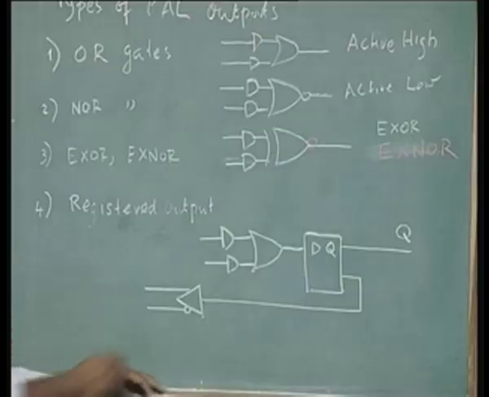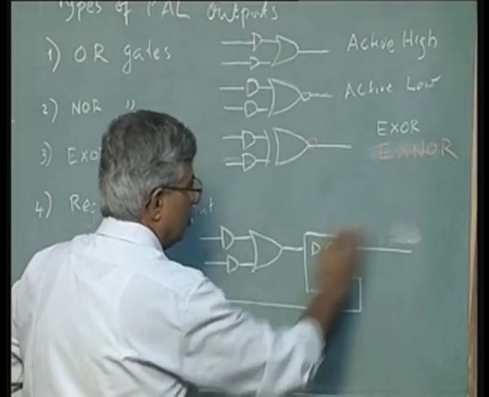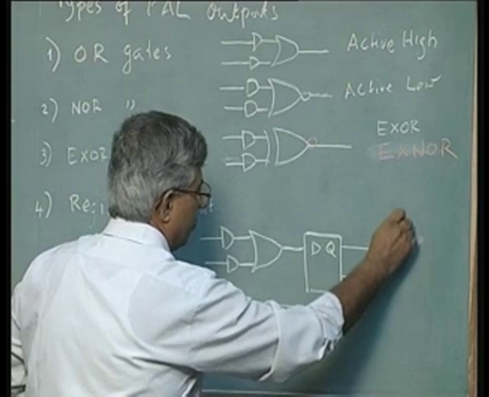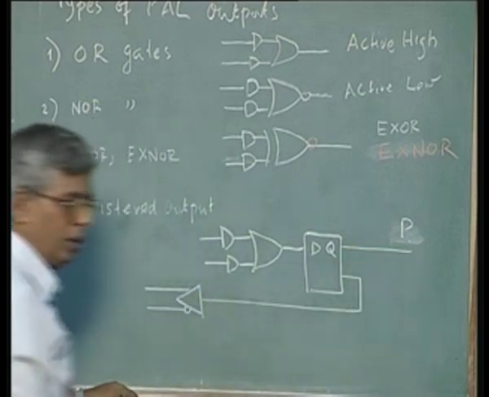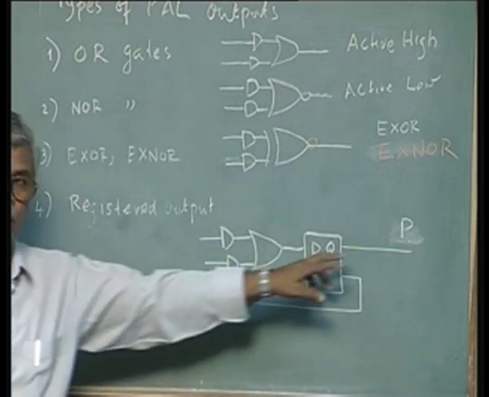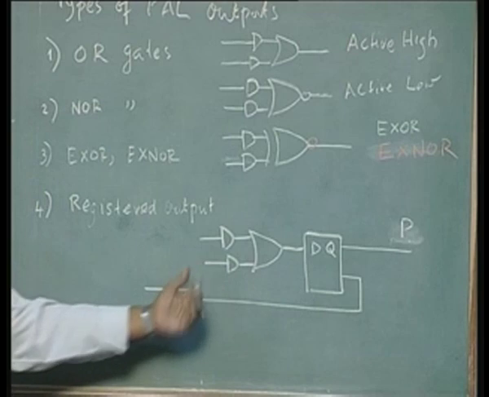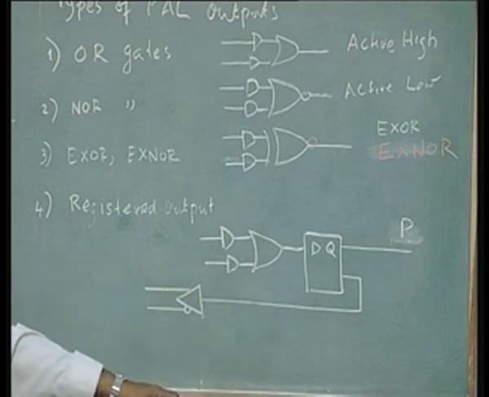If this value, let us say q, is some value, let us say p. One of the output variables is a p, it is a registered output variable. And suppose I want to use this p value in my design, that is what is done in a typical sequential logic design. In a sequential logic design, you have the combination logic and the previously stored values from flip flops, together they determine the next output.